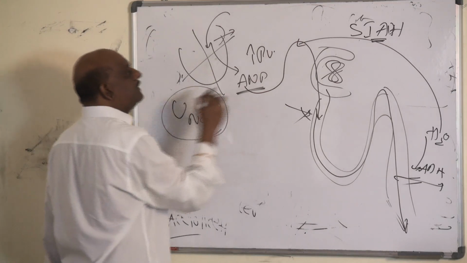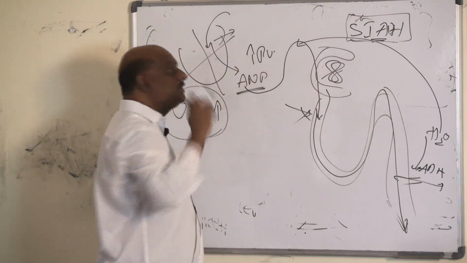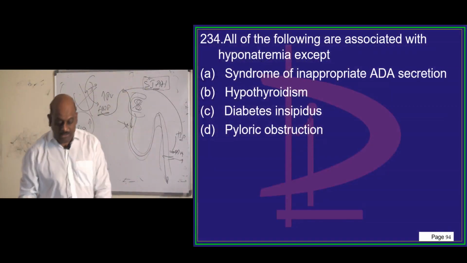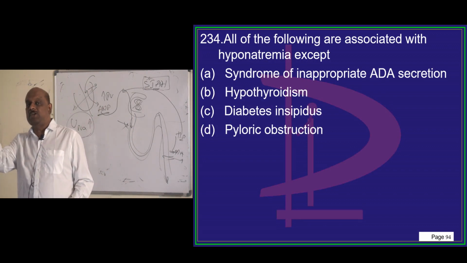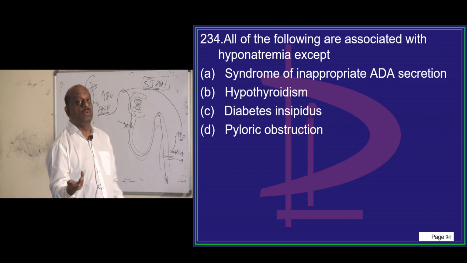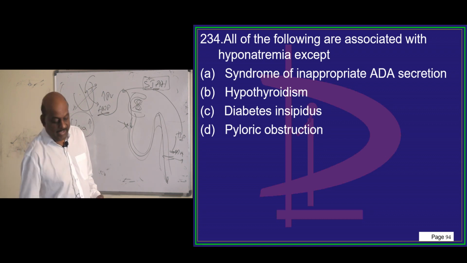Urinary sodium is part of the definition of SIADH. So SIADH leads to hyponatremia because of increased plasma volume leading to atrial natriuretic peptide leading to natriuresis, is what you have to basically understand.